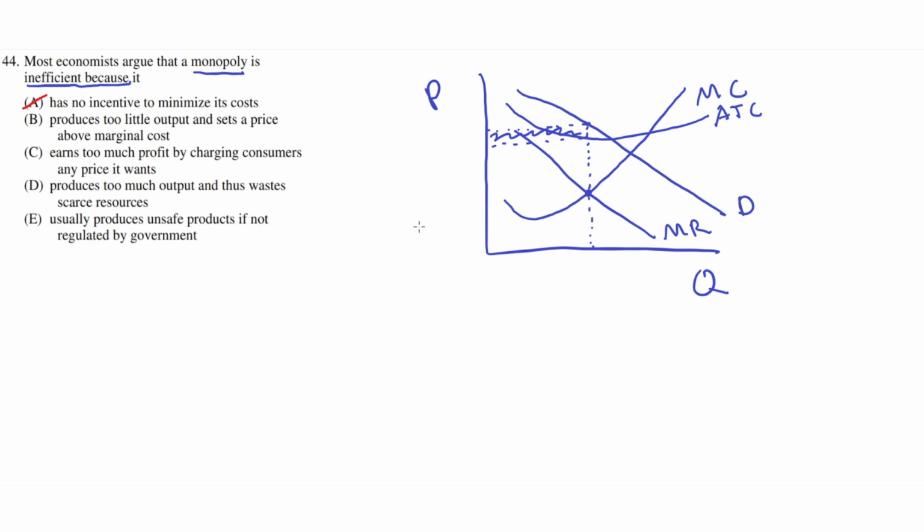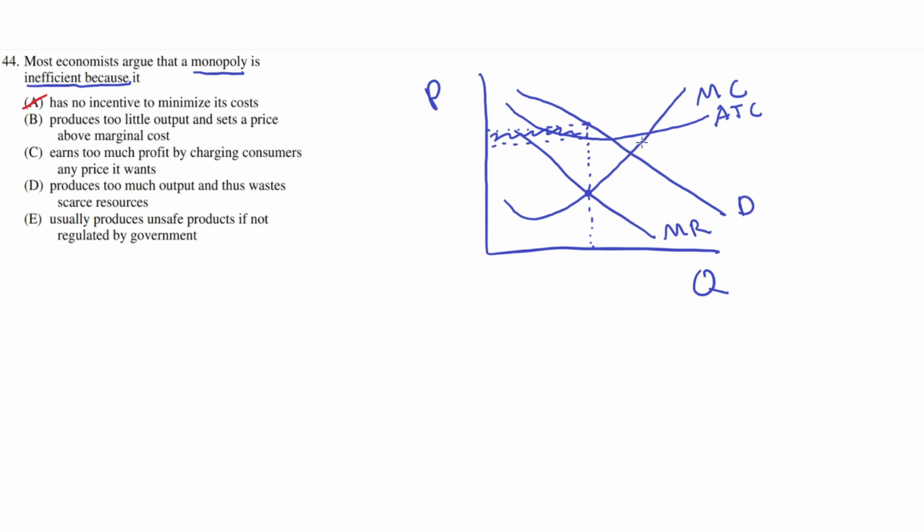This seems to be the correct answer because it is true that they set a price above the marginal cost, because marginal cost is down here and the price they set is up here. This is because they know the demand for their good is greater than the marginal cost. So they set the price up here to maximize their profits. And they produce too little output because they don't set the price equal to MC equals D or MC equals ATC.